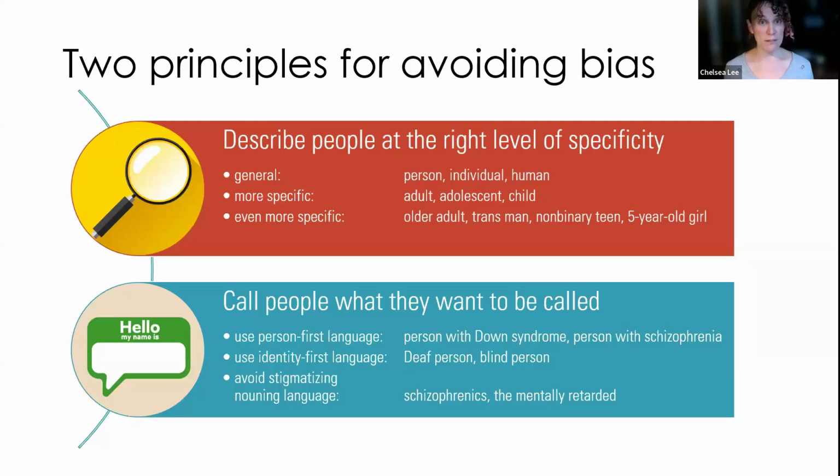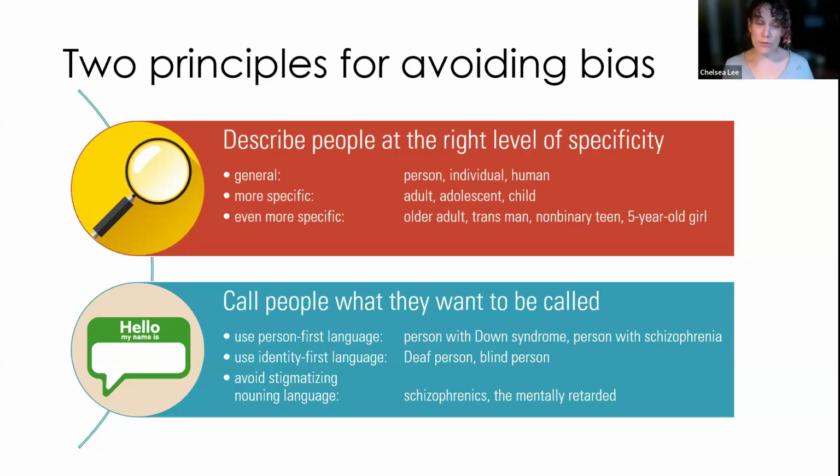You can get more specific, usually by adding qualifiers that indicate a person's age or gender, 2 really common ones. So for example, you might say an adult rather than a person, or an adolescent or a child. And you can get more specific by adding other terms related to gender, and a whole mix of qualities. So what's on the screen is just examples.